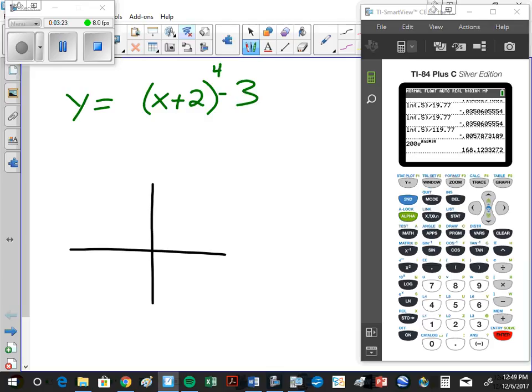What is that going to look like? So we move left 2 and then down 3, and it's sort of like a parabola, but it's taller. And I don't really care if your graphs are perfect. As long as they're in the right place and they go the right direction and they're tall, then that's good enough for me. Okay. What about this?